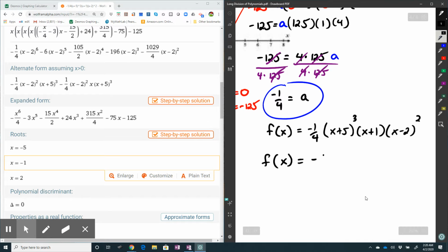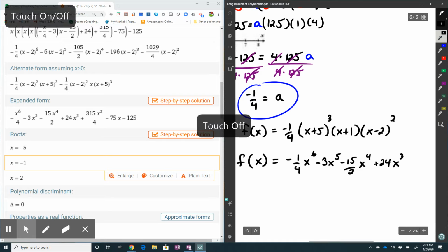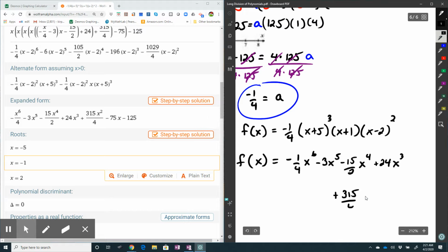So negative 1/4 x to the 6 minus 3x to the 5th minus 15/2 x to the 4th plus 24 x cubed plus 315 over 4 x squared minus 75x minus 125.